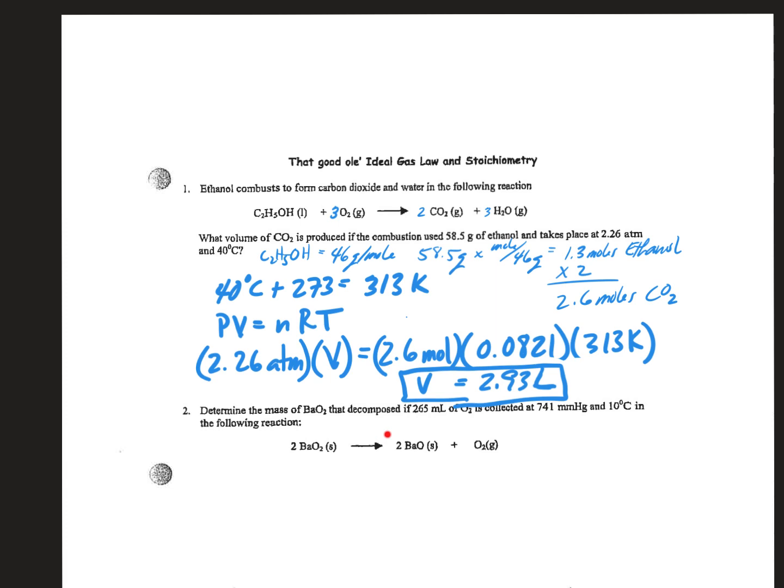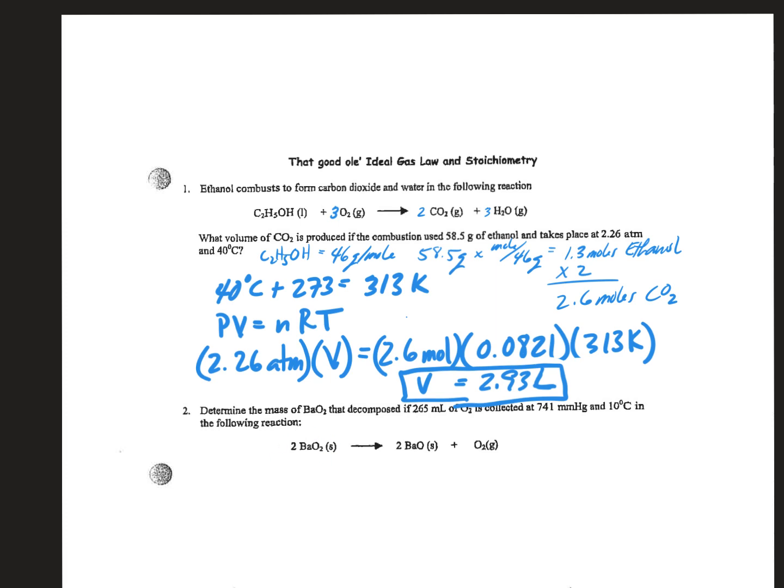This is a balanced chemical equation. This is not barium oxide. This is called barium peroxide, which doesn't mean anything to you probably, but when I looked at this, I was like, oh, wait a second, that's not a correct chemical formula. Well, it is correct if this is a peroxide, so let's not worry about that.